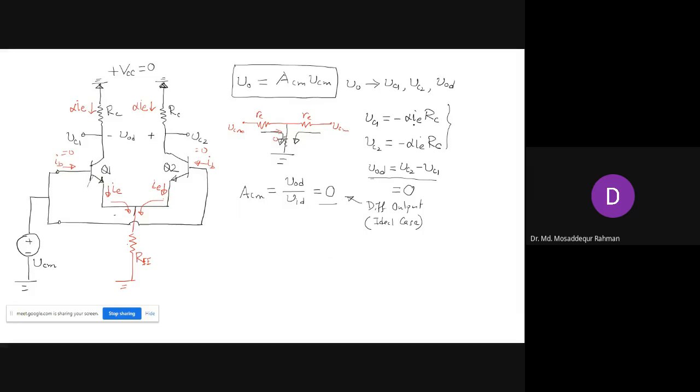Now, how do we determine that? For that, we need to determine the current I, right? What is current I? If you can determine current I, then we can determine the gain.